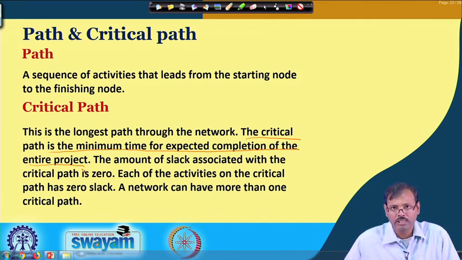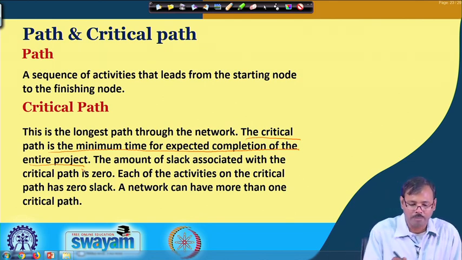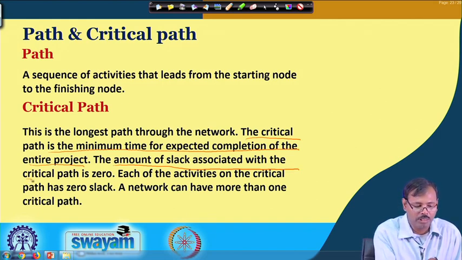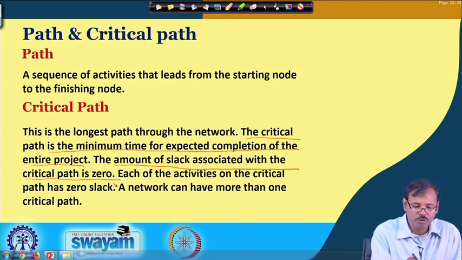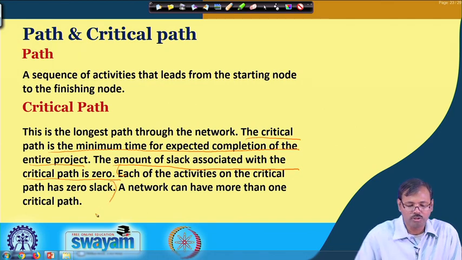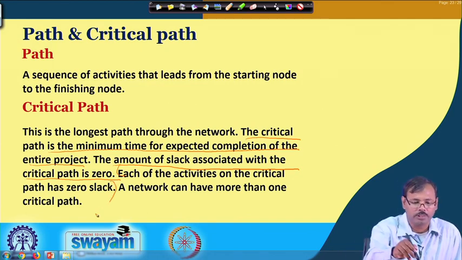That is why the critical path gives us the minimum time for completion of the total project. There is no slack, that means no relaxation time, available in the critical path, but in the other paths some relaxation times are available. So, the path which has 0 slack is also called a critical path.